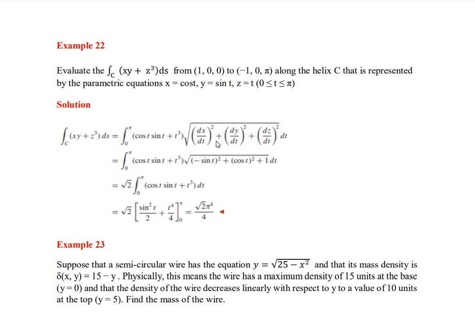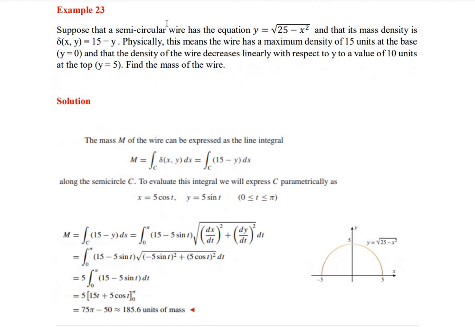Take dx/dt, that is −sin t, dy/dt is cos t, and dz/dt is 1. Here x = cos t, y = sin t, and z = t, so you will get this. Evaluating, you will get the answer as √2 π⁴/4.